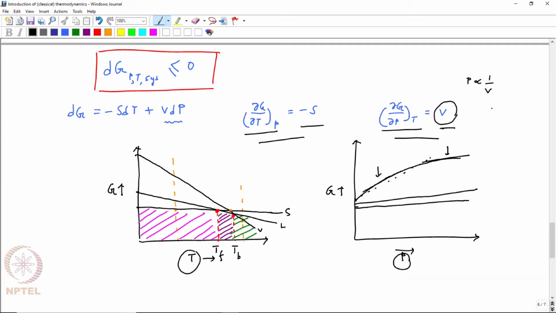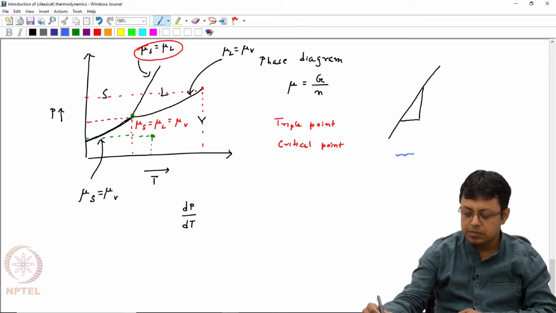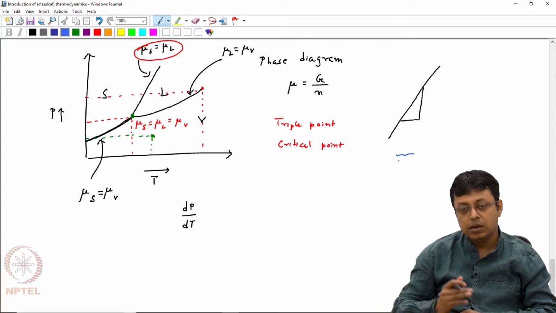So the change in chemical potential with respect to pressure, keeping the temperature constant, where chemical potential is nothing but the Gibbs free energy per unit mole, ultimately gives V divided by N. V divided by N is the molar volume, which we write as V bar, or V suffix M. So if I apply pressure keeping the temperature more or less constant, assuming this change in temperature is small, it will depend on the difference in the molar volume.